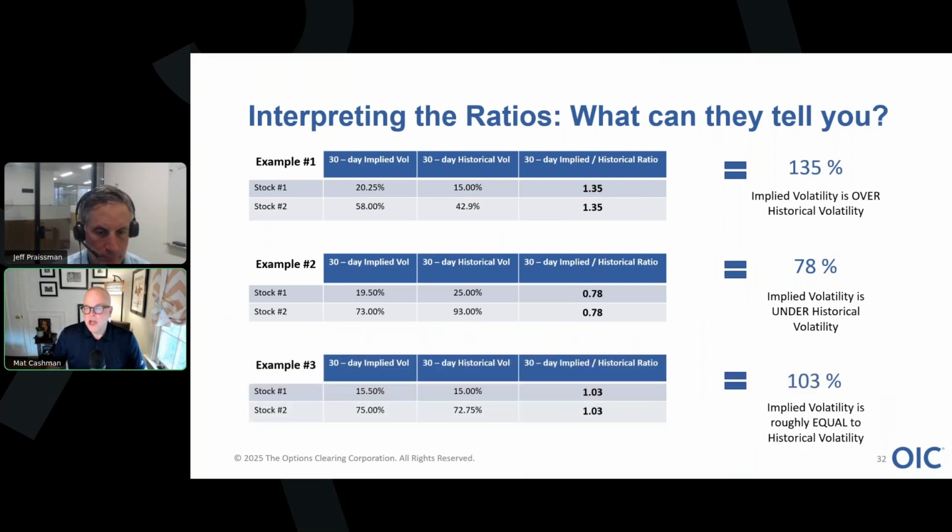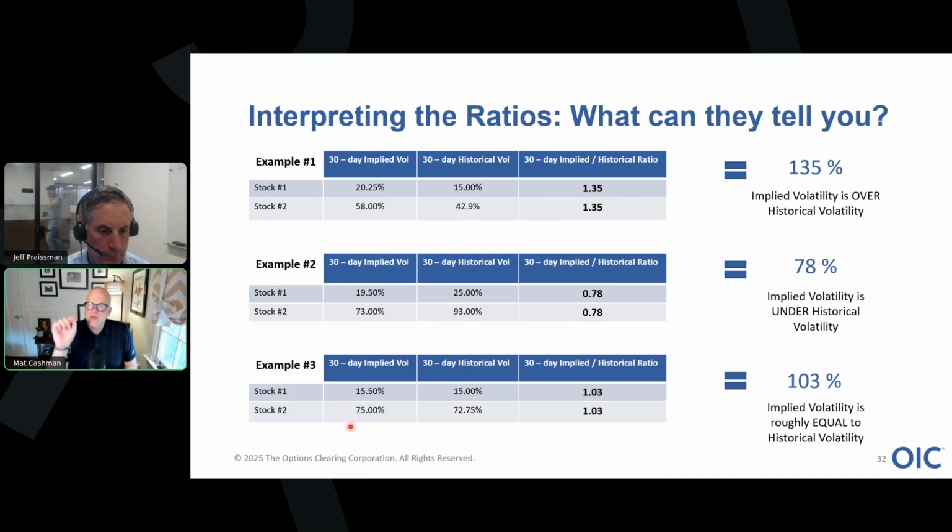And then you have a scenario in which the implied and the historical are very close to each other, but one of them is a 15 vol and one of them is a 75 vol. This is meant to drive home the idea that just because something has a super high implied vol, it doesn't necessarily mean that the options are a screaming sale.